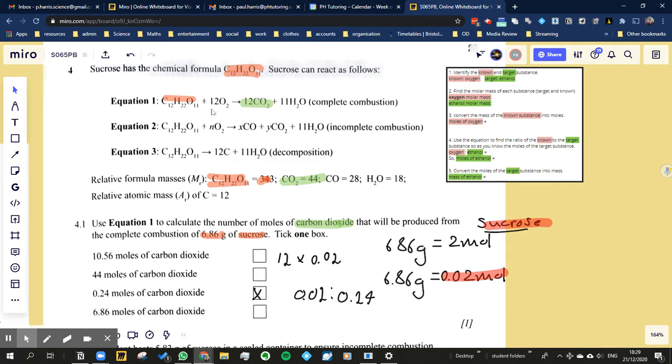In terms of moles, I would get 12 times as much of the target. I already know that I've got 0.02 moles of the known substance. So I'm going to get 12 times that of the target substance, which is 0.24. So that's the answer.